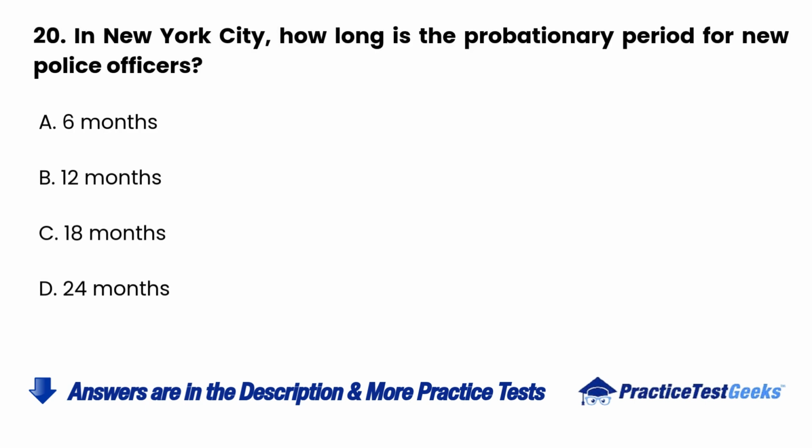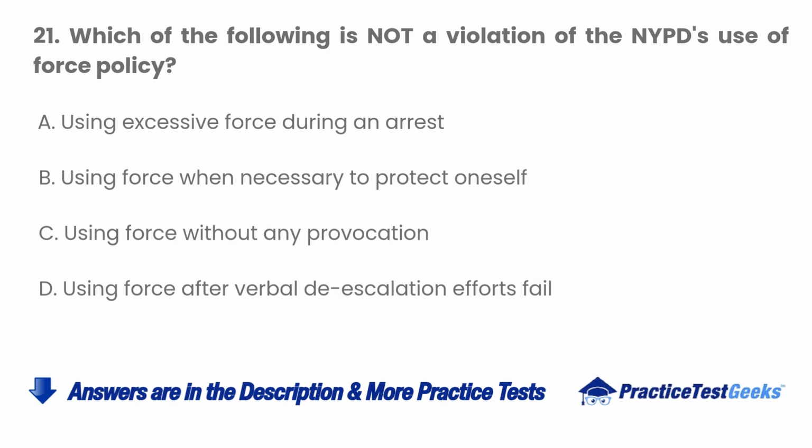20. In New York City, how long is the probationary period for new police officers? A. 6 months. B. 12 months. C. 18 months. D. 24 months. 21.